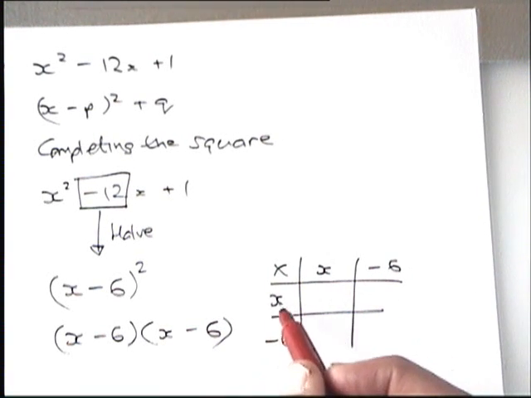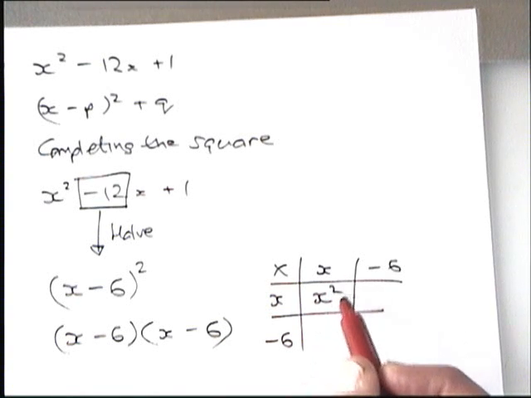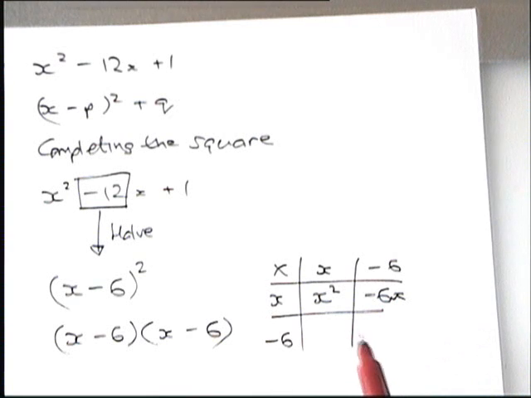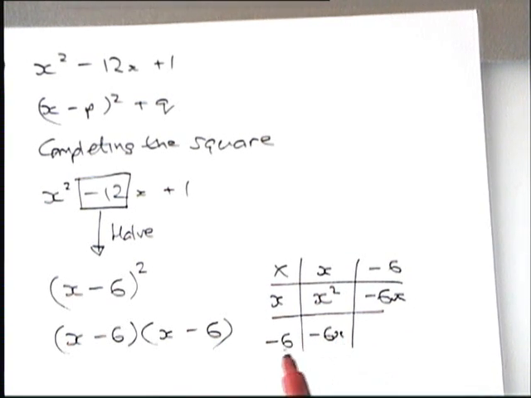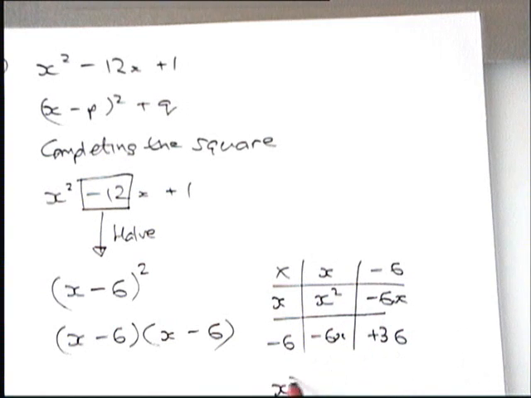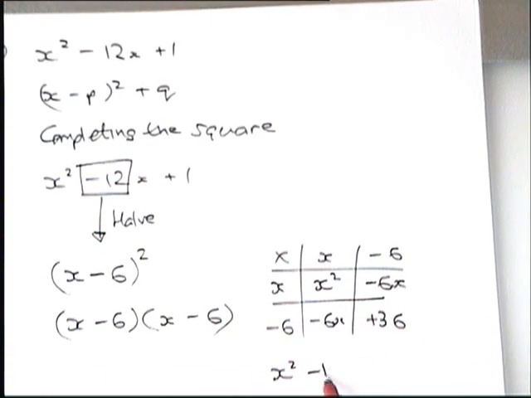And if you multiply together, x times by x is x squared. x times by minus 6 is minus 6x. Minus 6 times by x is minus 6x. And minus 6 times by minus 6 is plus 36. Altogether in my grid, I've got x squared minus 6x minus another 6x, which makes minus 12x. And then on the end, plus 36.